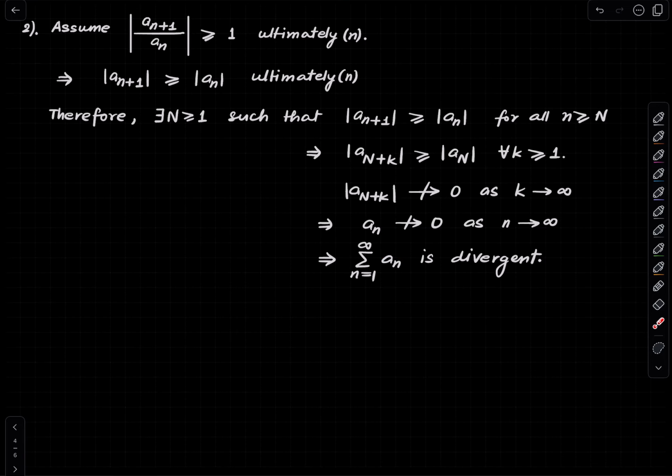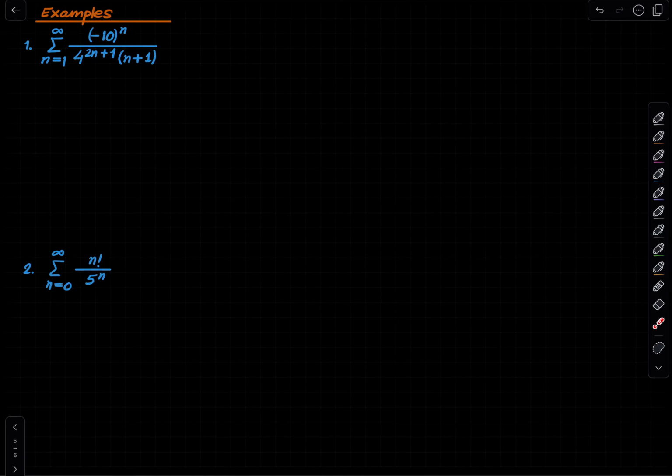And now let's see two applications. All right. So here is our first daunting looking series. And let's just hit it with the ratio test and see if it converges. Clearly each term is non-zero, so we can apply our ratio test. So a_n is this thing.